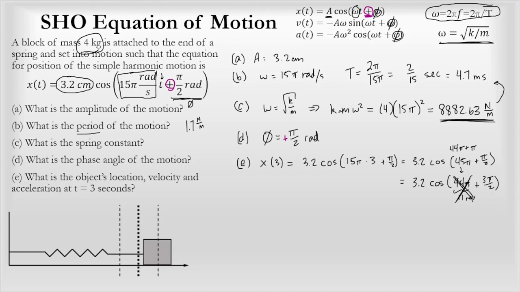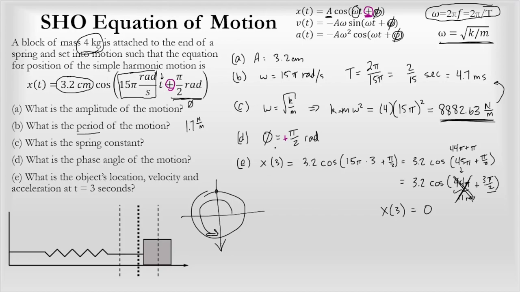Coterminal. These are coterminal. 45 pi plus pi over 2 is the same as 3 pi over 2. Basically that just means on a unit circle, it's down here at 3 pi over 2. I could go around 11 times and end up at 3 pi over 2, or just think about being at 3 pi over 2. Well, I know cosine 3 pi over 2 is 0. So I know the position at time 3 equals 0.